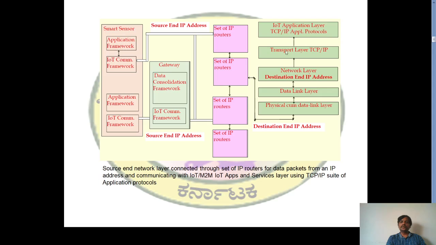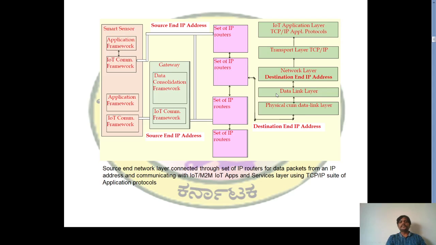If it moves to the next layer, the transport layer, it is going to add its own header, and the complete header plus data will reach as a single entity to the network layer, and it is going to add its own header, and the complete data as a single entity will reach the data link layer, and it is going to add its own header. That is called encapsulation.